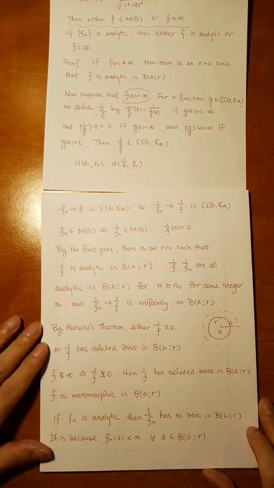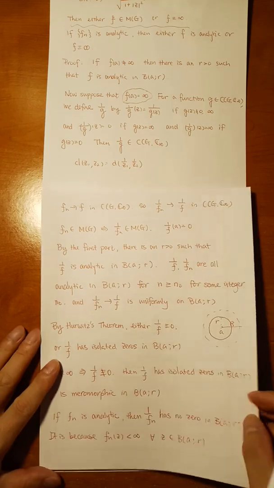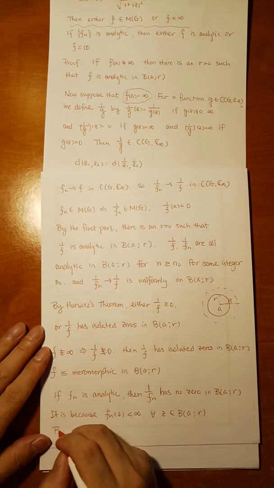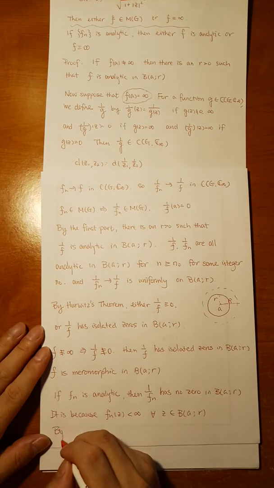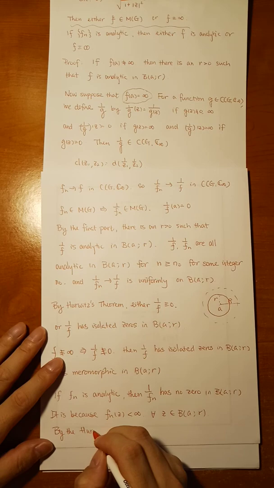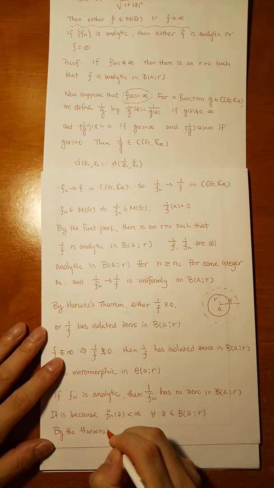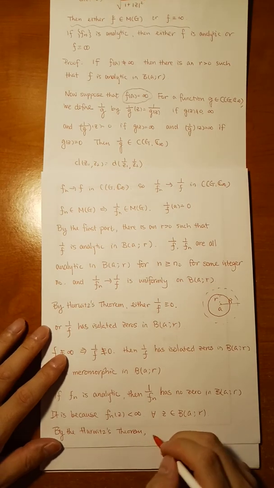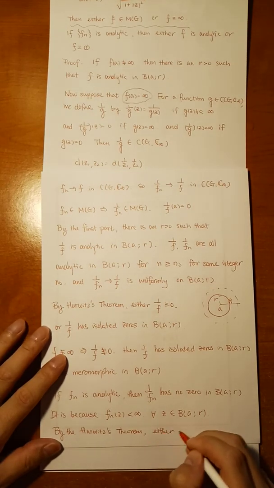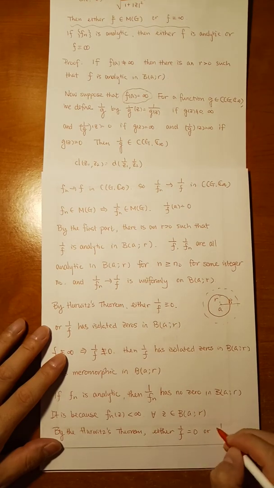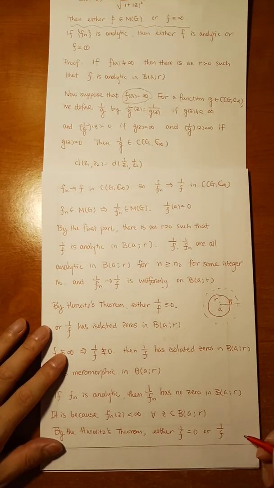Again, by the Hurwitz theorem, either 1 over f is constantly 0 or 1 over f never vanishes.